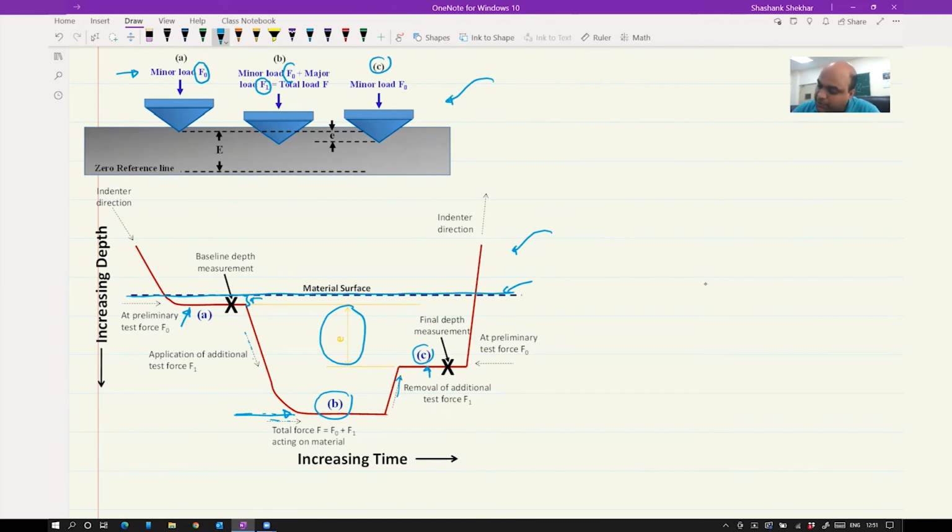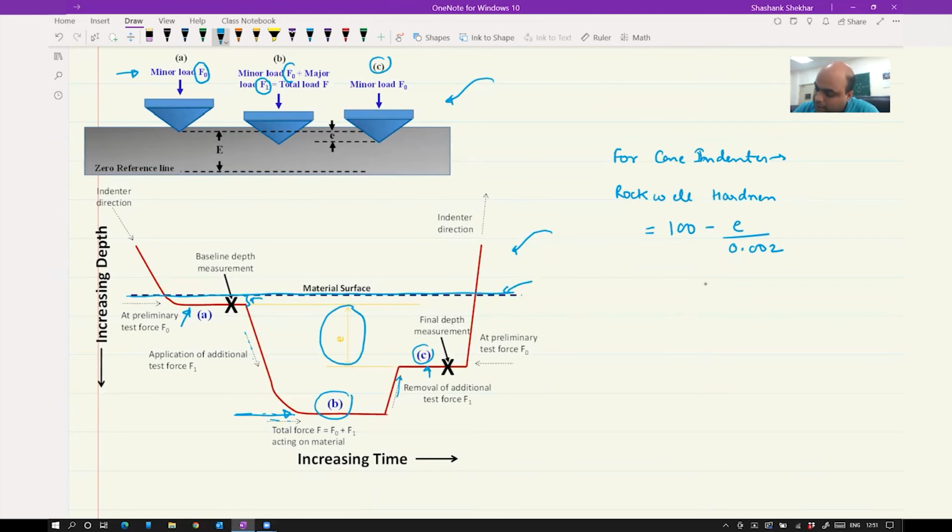If we use a cone indenter, the Rockwell hardness will be given as 100 minus E divided by 0.002.